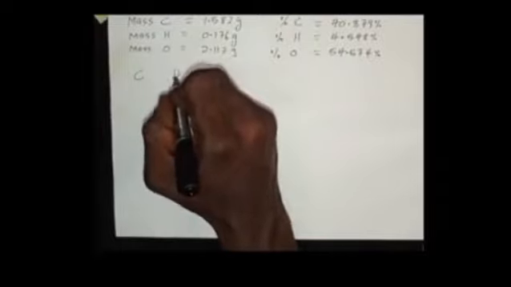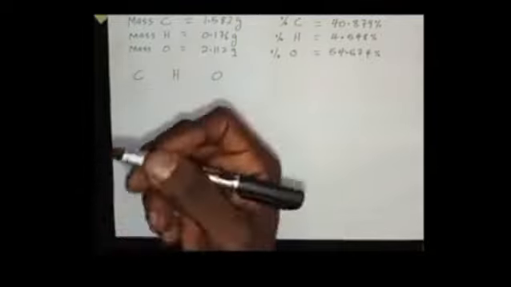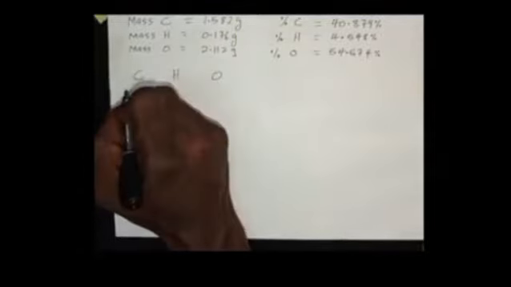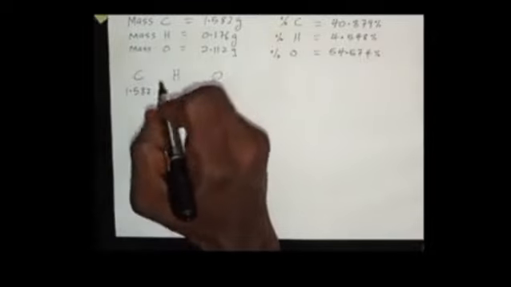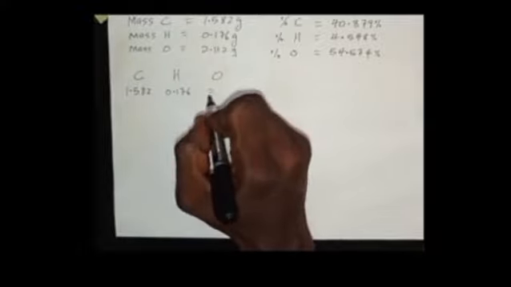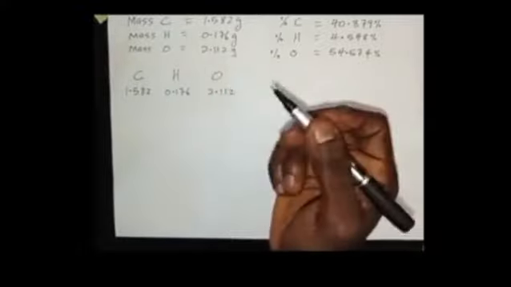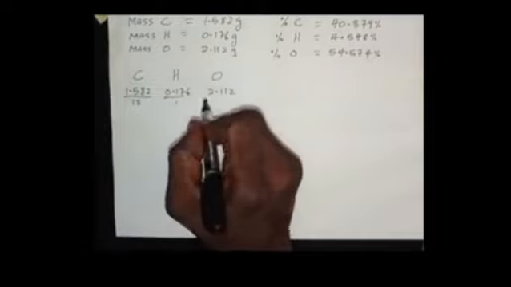So I have carbon, hydrogen, and oxygen. For carbon, what is the mass of carbon here? We have 1.582. For hydrogen, we have 0.176. We have 2.112. So first things first, divide through by the atomic masses. I'm dividing this by 12, this by 1, and this by 16.